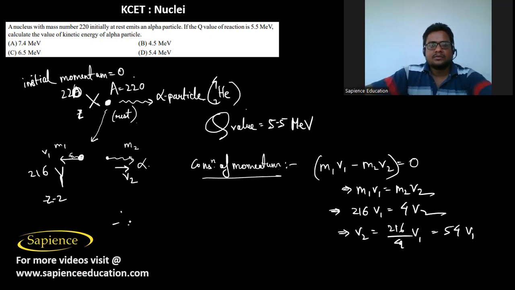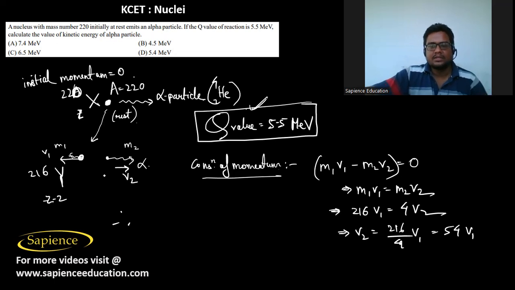So now the Q value will be distributed among the new daughter nucleus which is formed and the alpha particle.